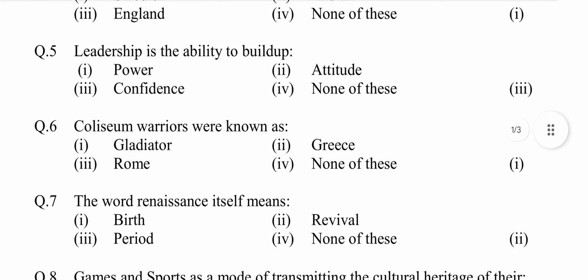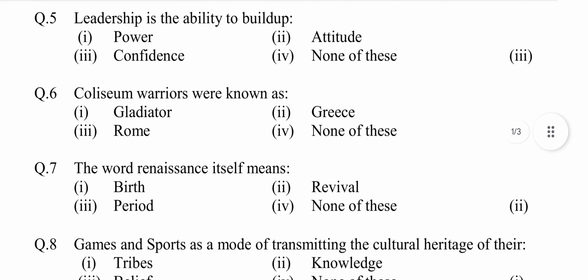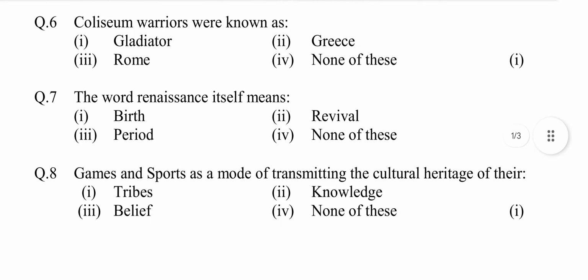Question number 5. Leadership is the ability to build up: option first power, second attitude, third confidence, fourth none of these. Answer is option third, confidence. Question number 6. Colosseum warriors were known as: option first gladiator, second Greece, third Rome, fourth none of these.